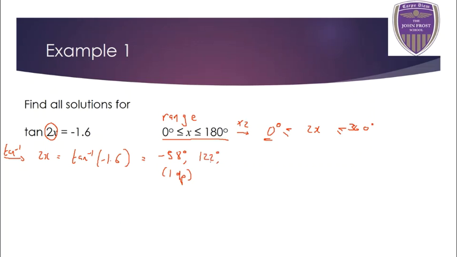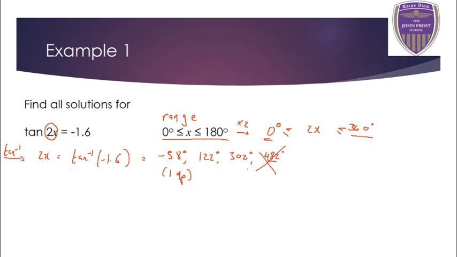122 is less than 360, so I've got to keep on going. Add on 180 again, and you get 302 degrees. If you add it on again, you get 482 degrees, but this is outside that range, so I don't need that one.